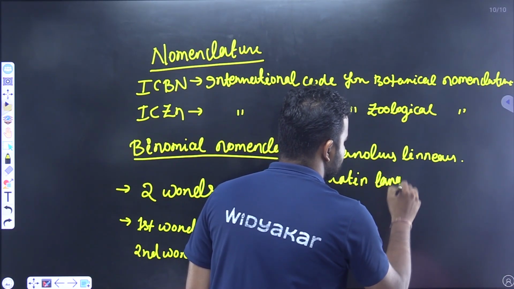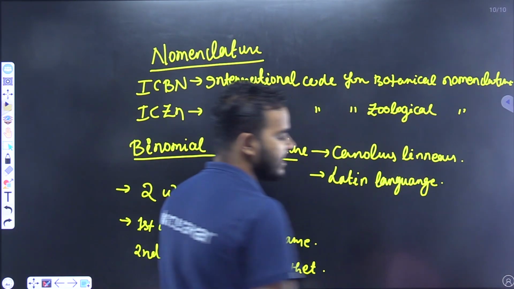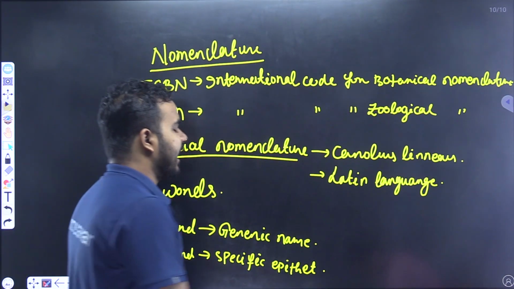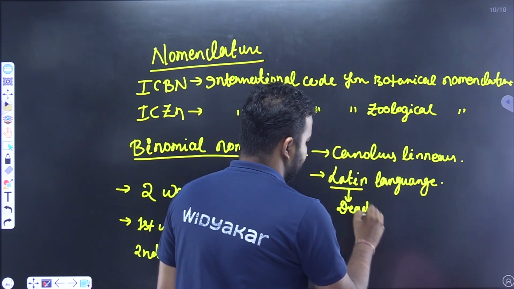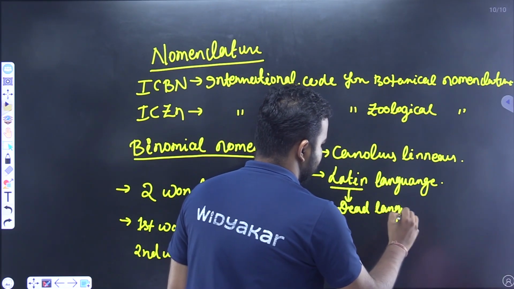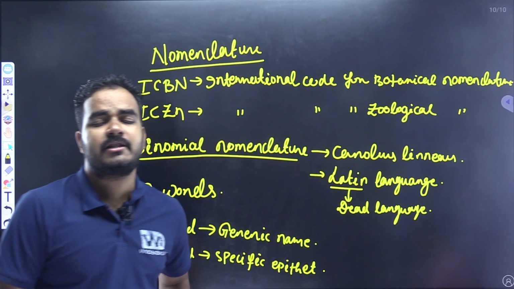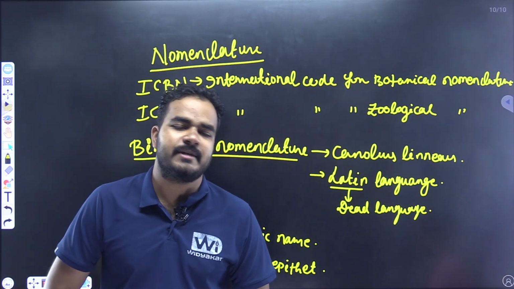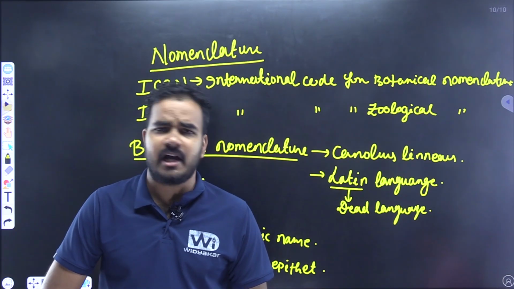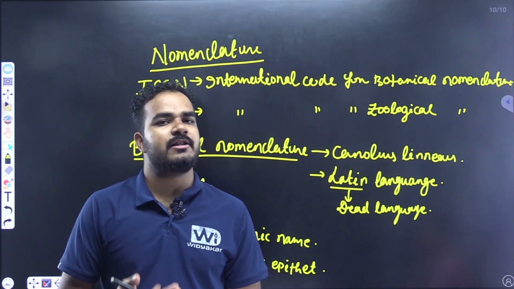Why Latin? Why not the most widely used language, English? Because Latin is a dead language. A dead language means a language which is no longer in use. If a language is no longer in use, then changes in spelling, pronunciation or the dictionary are not possible.